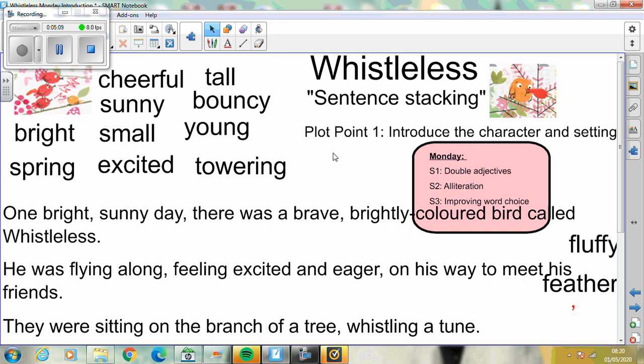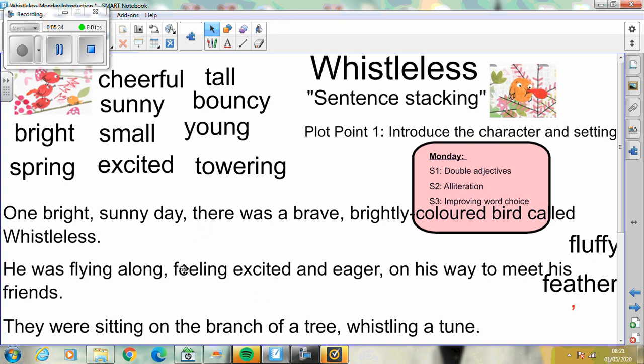And can you see how this concept of sentence stacking means that we start off with some fairly simple, straightforward sentences, and as we're going along, these key objectives help you to make sure that each sentence has got interest for the reader and it's descriptive.